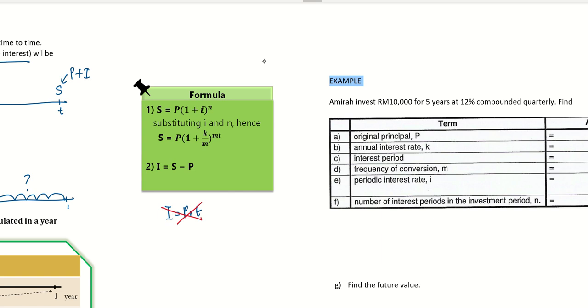That's why you cannot use I equal to PRT. The only formula we can use is I equal to S minus P, so you have to first find the accumulated value and then subtract the original principle. Let's look at the example here.